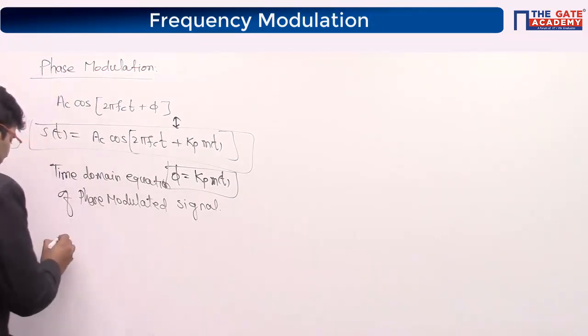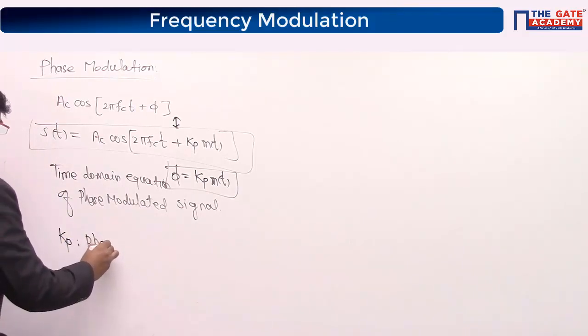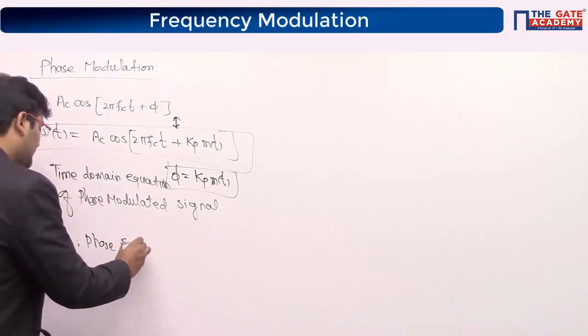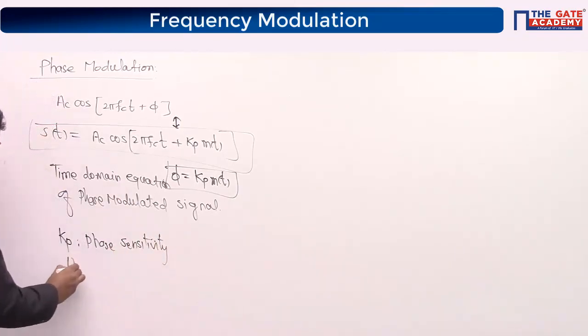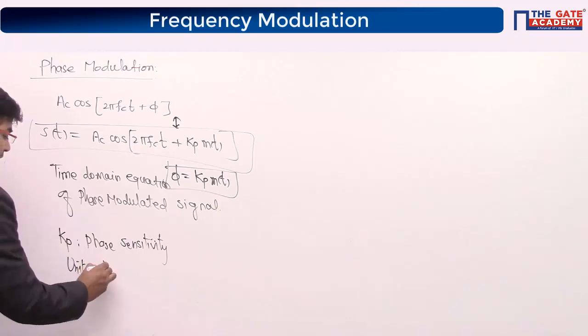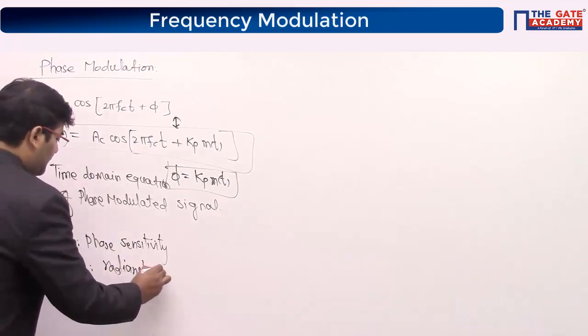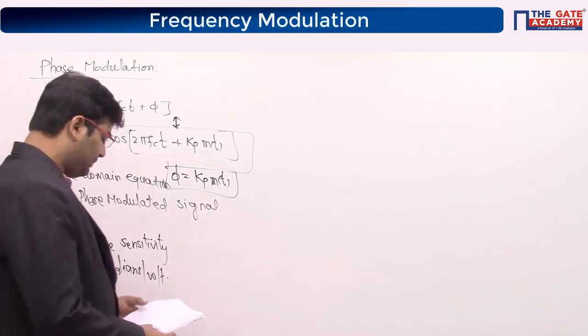Now here Kp, just like Kf, which was known as frequency sensitivity, is known as phase sensitivity. Somebody can ask you the unit. The unit is radian per volt. So by changing 1 volt, how many radians it changes.